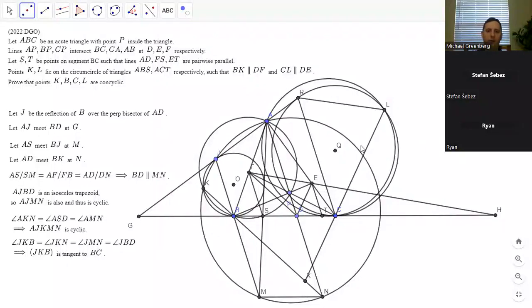So I wonder if we could kind of do it like this. What if we try to use trig Ceva and we try to find sine JGK over sine KGB in terms of the sines of these angles. And basically we try to show that that ratio, sine JGK over sine KGB, is equal to sine RGL over sine LGC.